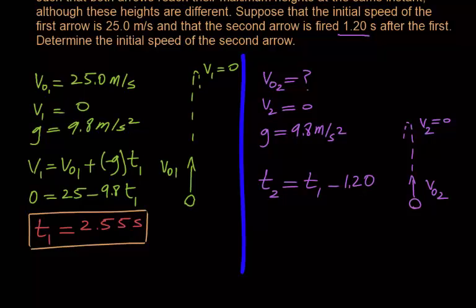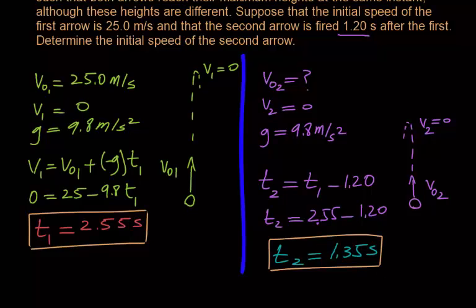The simple reason is the second object is launched 1.2 seconds behind object 1, so we need to subtract that time. So 2.55 is what we solved for, minus 1.20. The answer for t2 is going to be t2 equals 1.35 seconds.